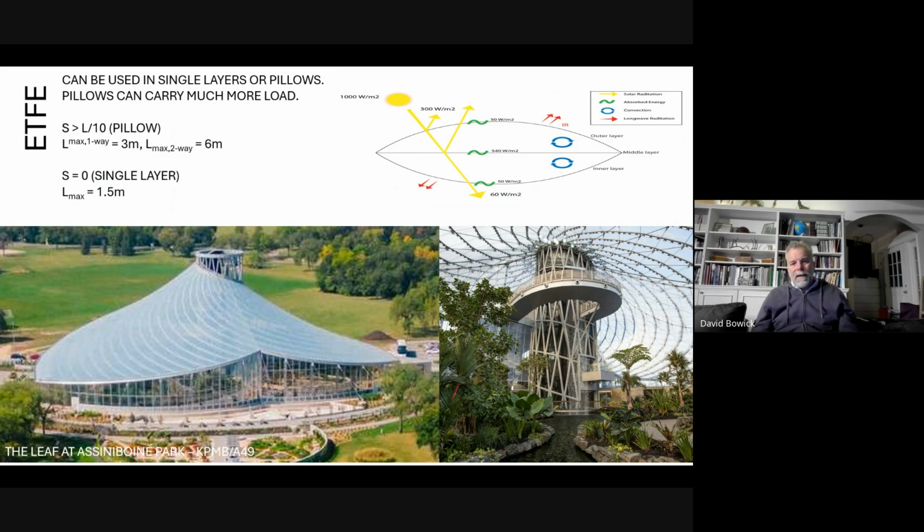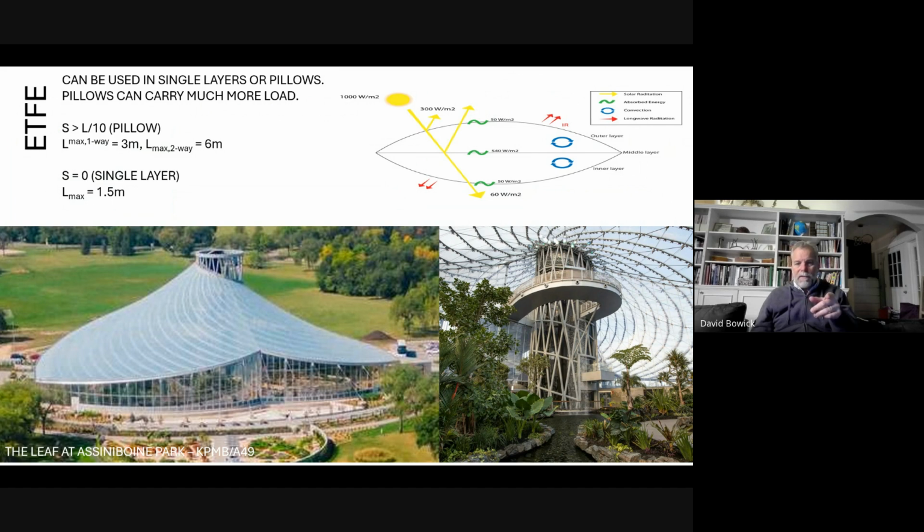So we end up with a maximum span of ETFE of about 3 meters with a sag of L over 10. So a sag of about 300 millimeters on a span of 3 meters for ETFE.